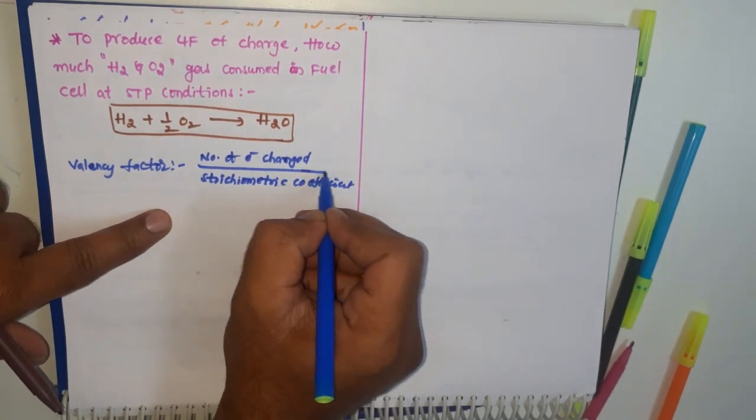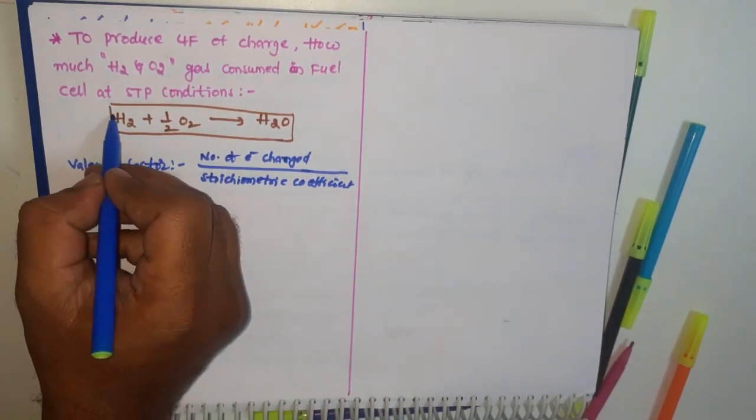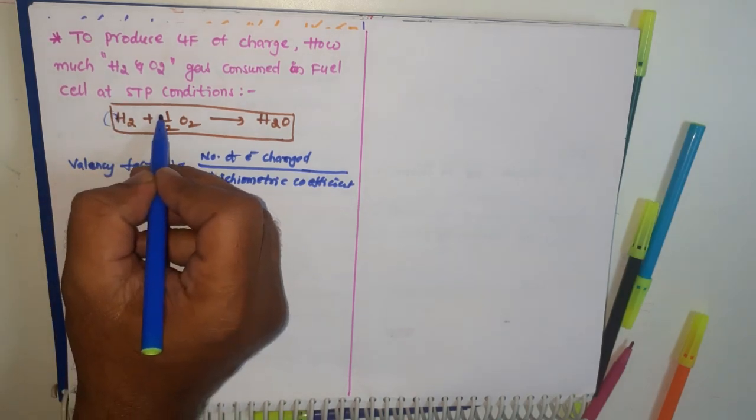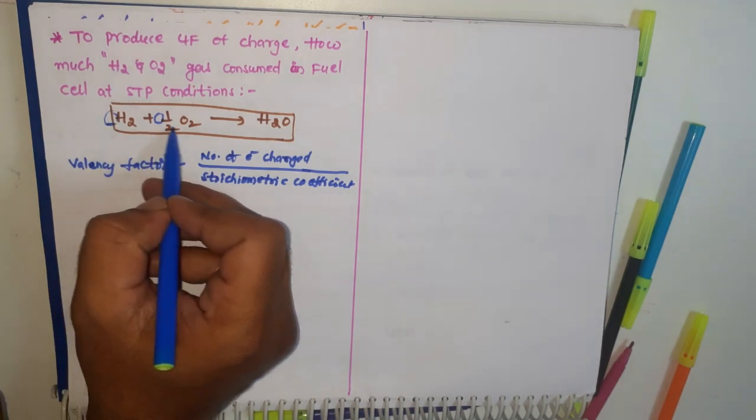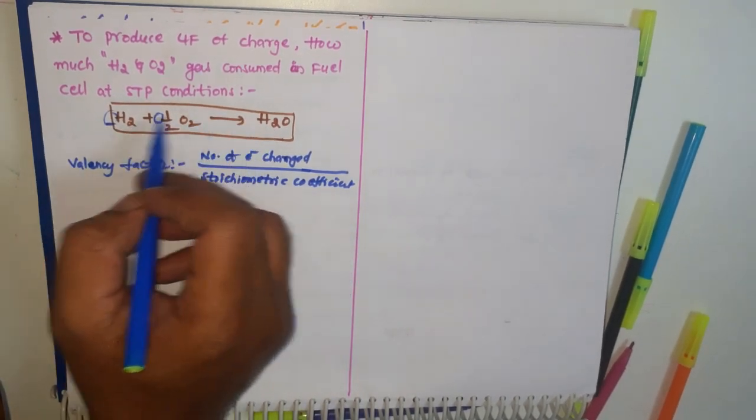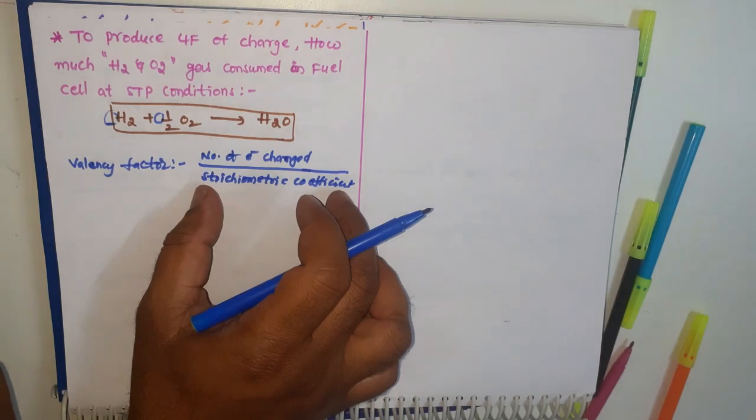What is the stoichiometric coefficient? That is how many moles of the reactant participate in the stoichiometric reaction.